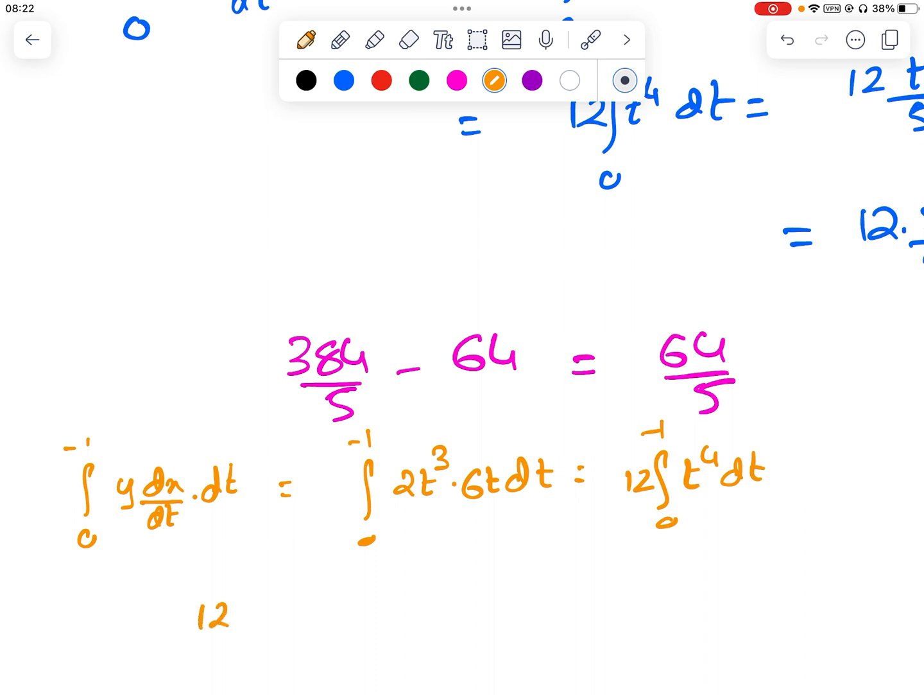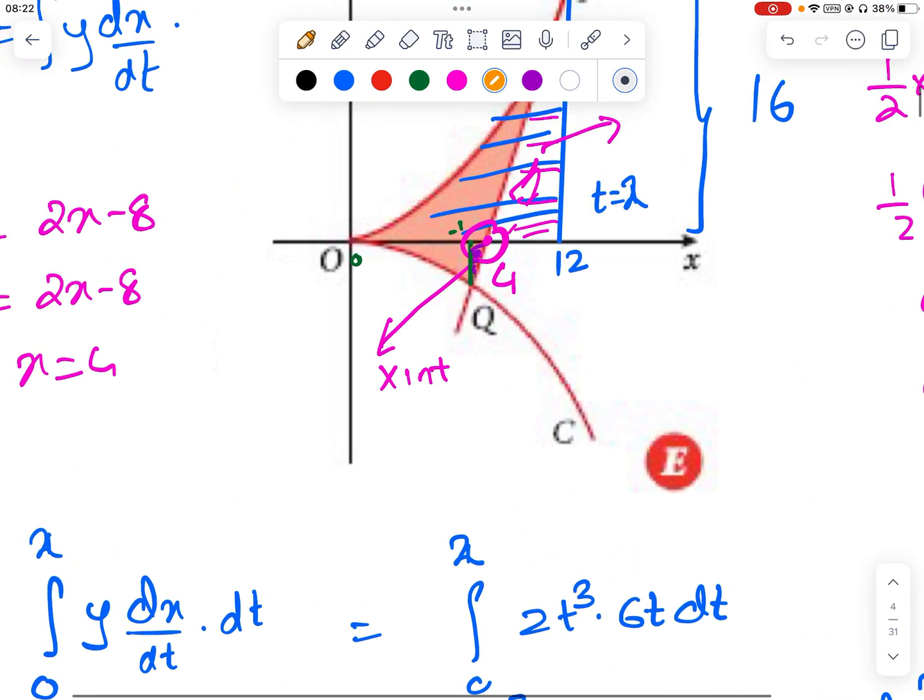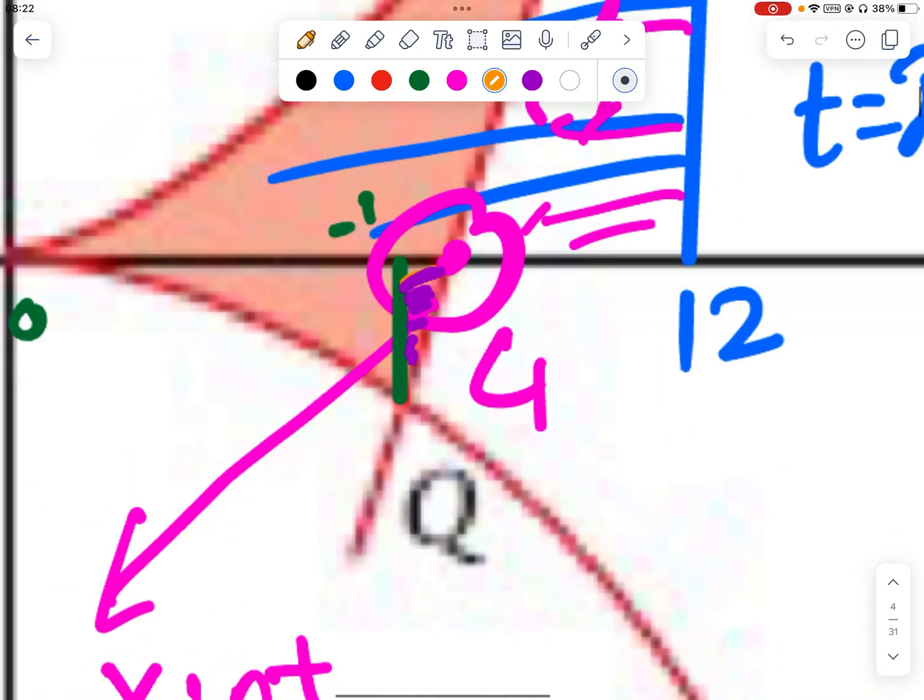So 12t to the power 5 upon 5, from 0 to negative 1. So it becomes 12 times (negative 1) whole to the power 5 upon 5 minus 0. So I get minus 12 upon 5. The area is negative because it is below the x-axis, but we will be taking it as positive. Now one more area, of this triangle. How do I find the area of a triangle?